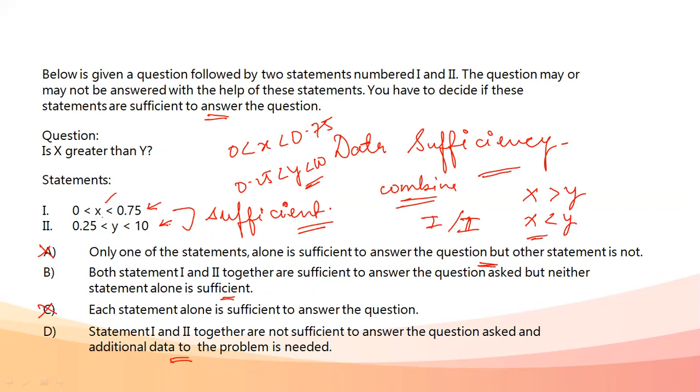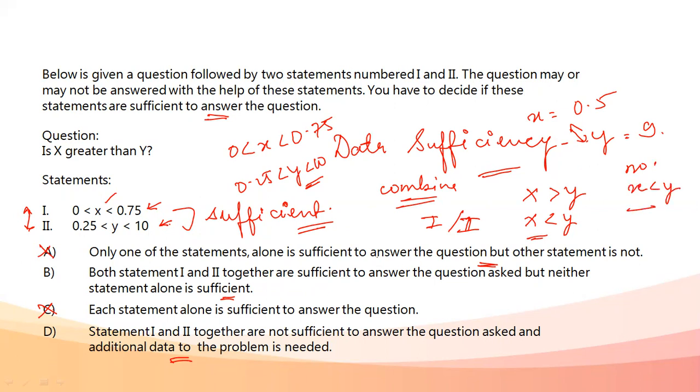Let's say I pick x as 0.5 and y as 9. Now that I have used both statements, I can say that x is less than y, it is not greater than y.